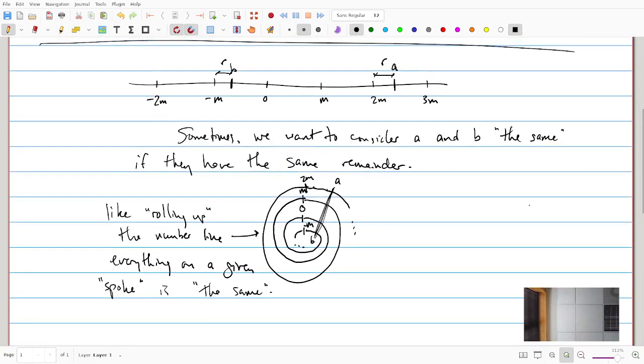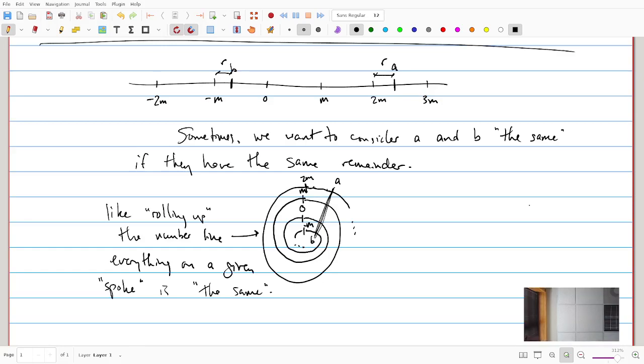Okay, this makes sense so far, just the intuitive idea. Any questions about my drawing of a spiral or anything else?